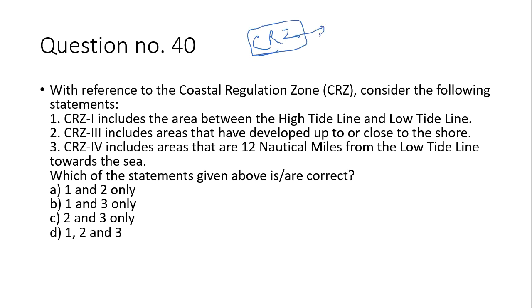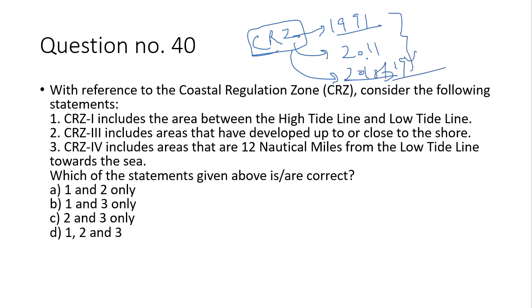See, the coastal regulation zone was first passed in 1991, then amended in 2011, and further new notifications were provided by the government in 2018 and 19. So there were modifications and amendments in every CRZ. But here it is asking about the definition of coastal regulation zone. CRZ 1 is different, 2 is different, 3 is different, 4 is different. So you have to identify the correct one.